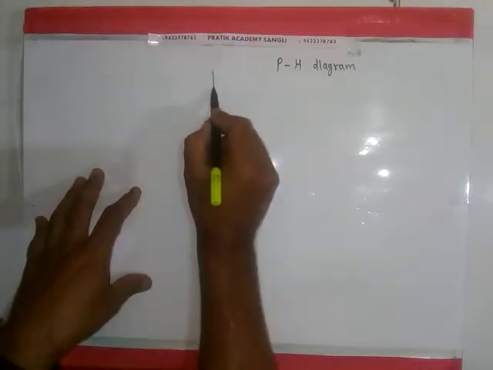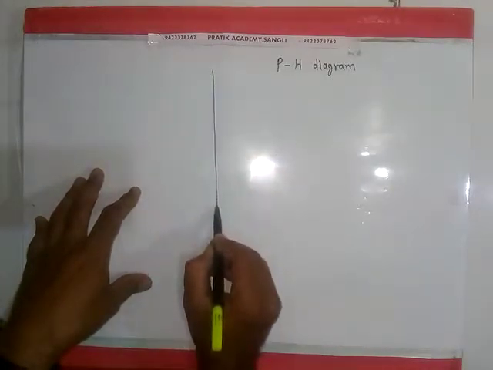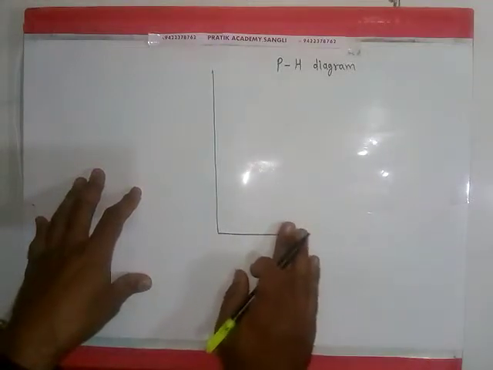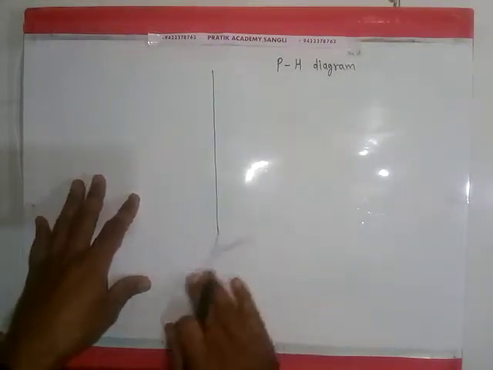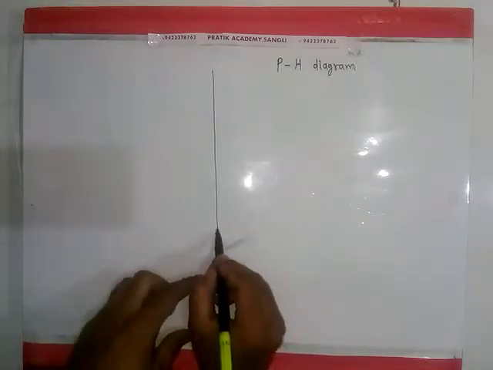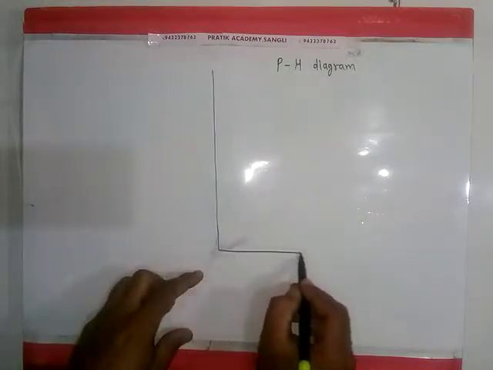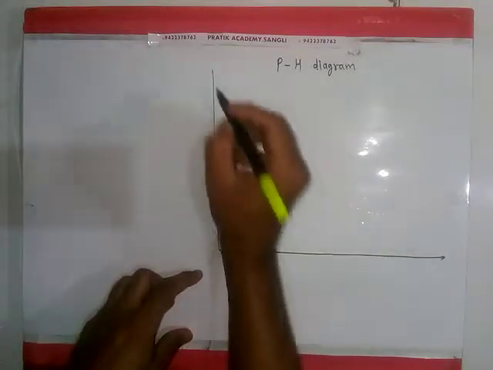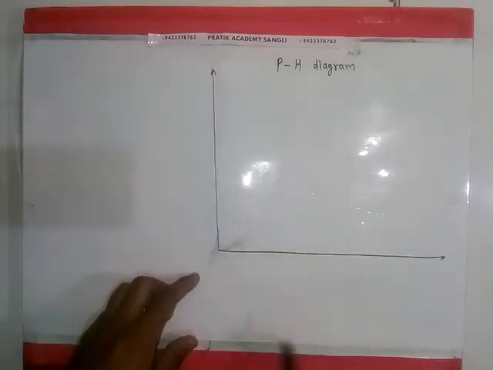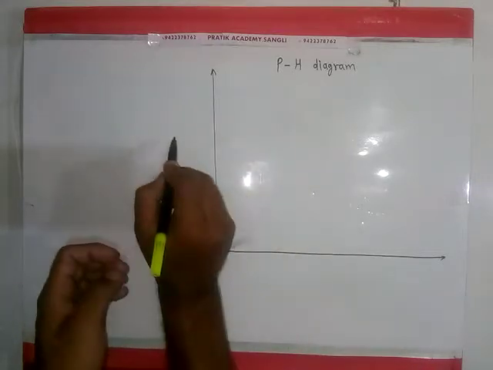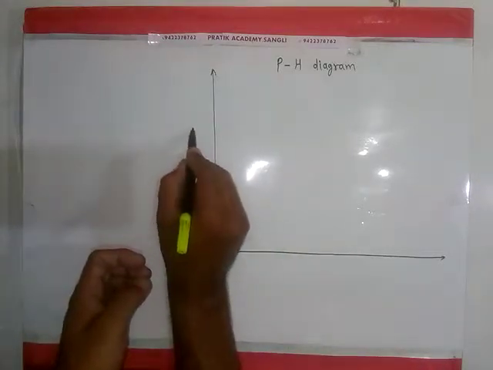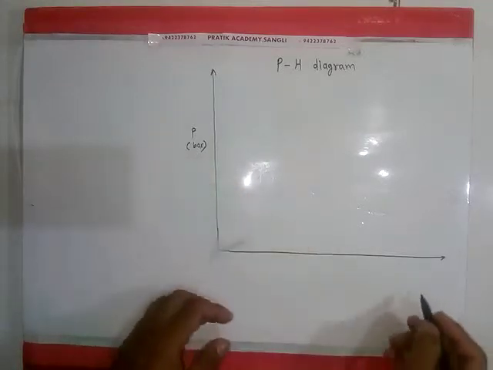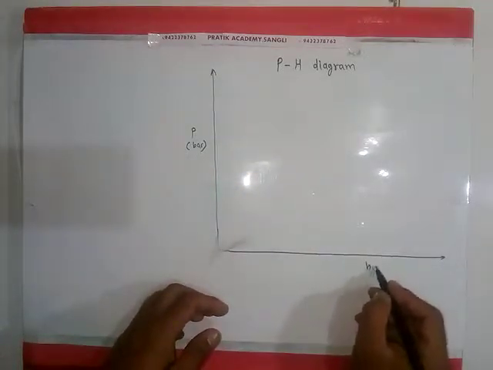As its name indicates, in the pH diagram, the y-axis represents pressure values, and along the x-axis there is an enthalpy scale.